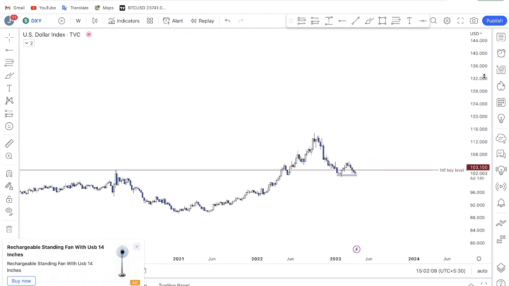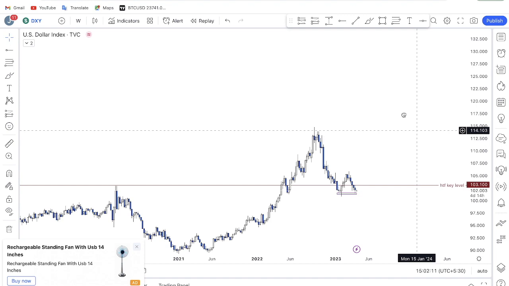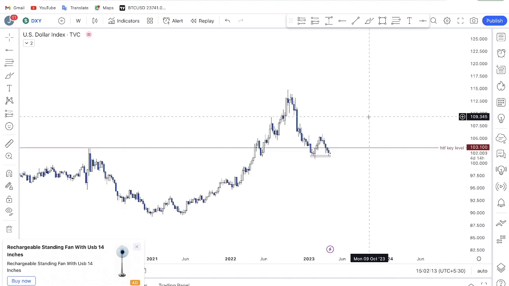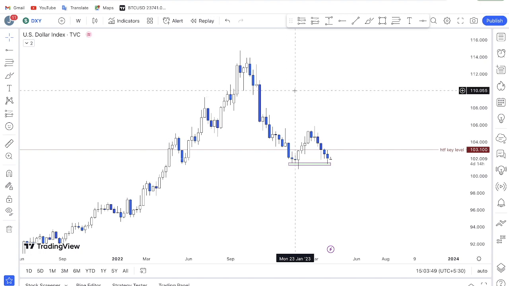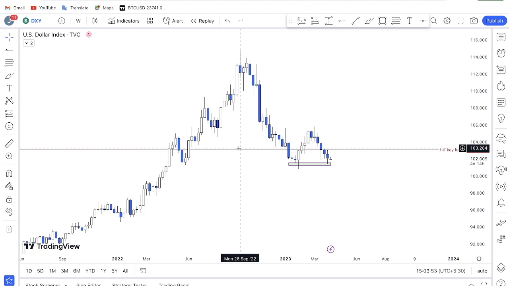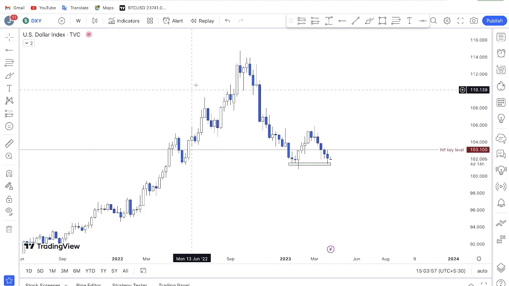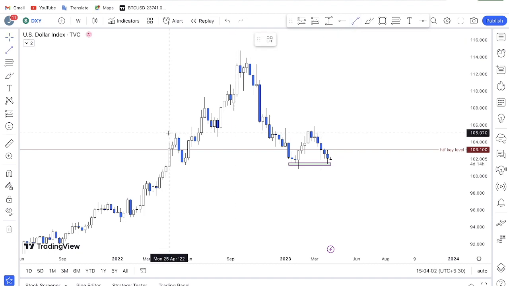What do we have here? All we need to do is map out key levels as well on the weekly time frame. So this is our weekly chart, and we already know that this line here is our key higher time frame level, which is capping the market. So what we need to do is draw out our levels on the weekly chart as well.